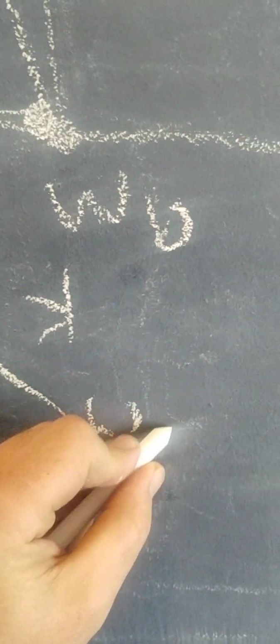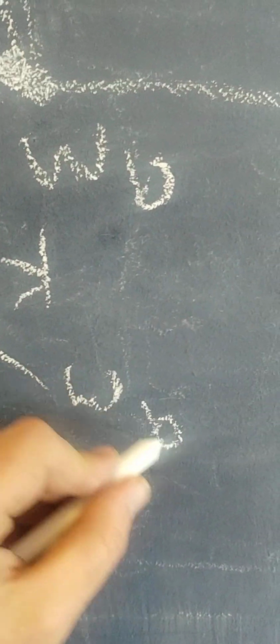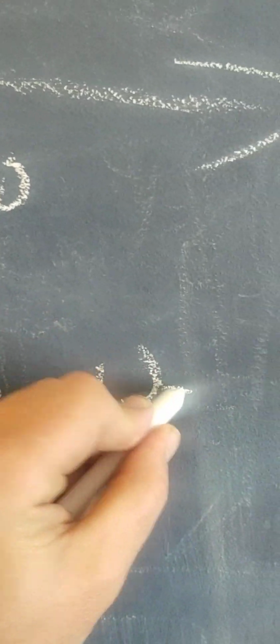Then we'll do a calculus lesson. So this is WB minus WT, that's it. And then H is the height. So length times width, or width times height, is the area.